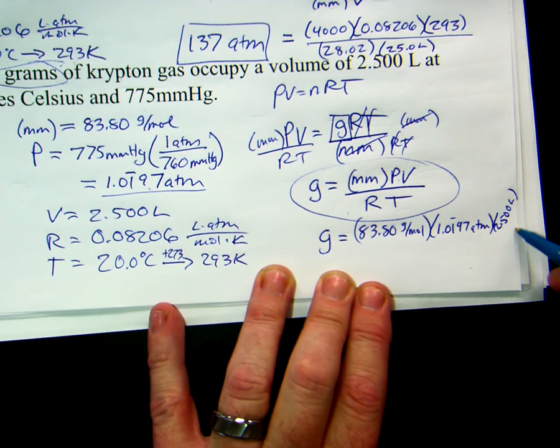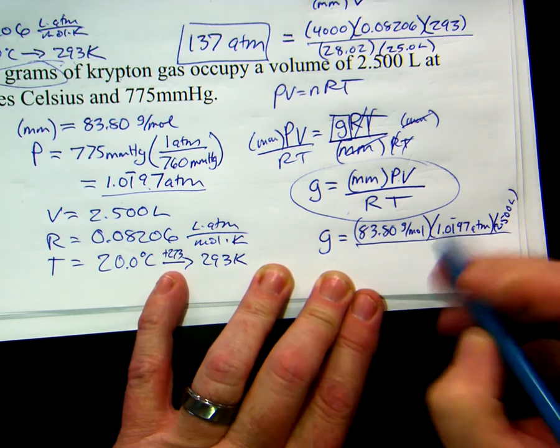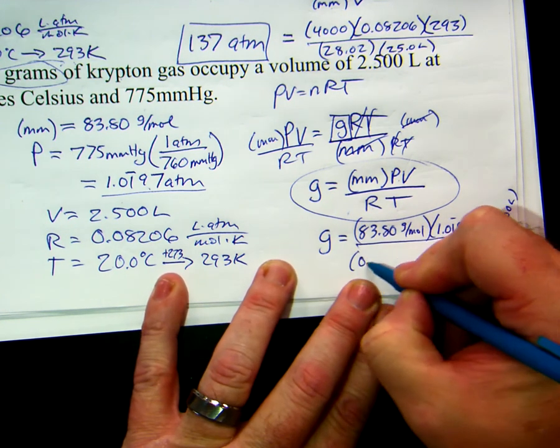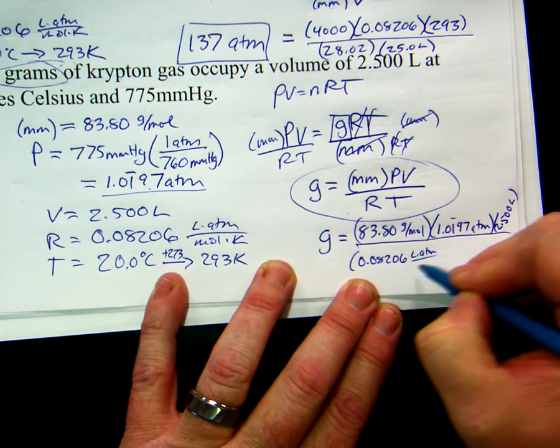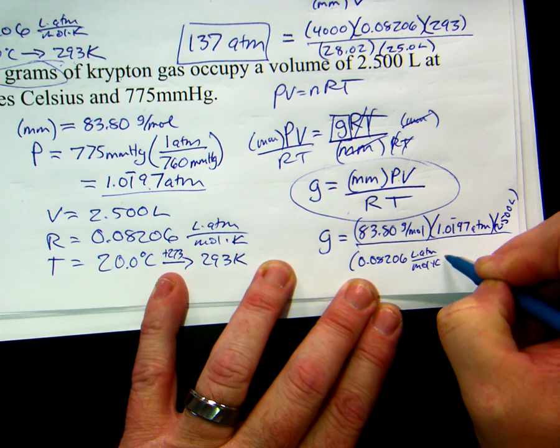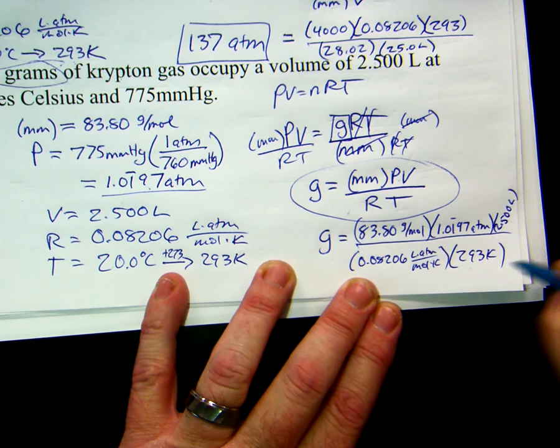That's the volume. This says 2.500 liters right there. Divided by R, 0.08206 liter atmospheres per mole Kelvin. And then temperature is 293 Kelvin.